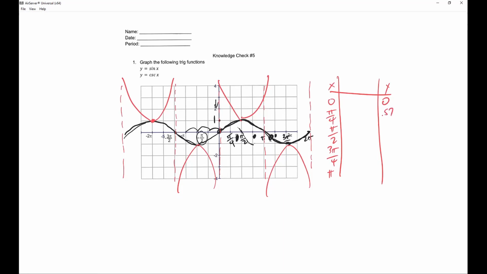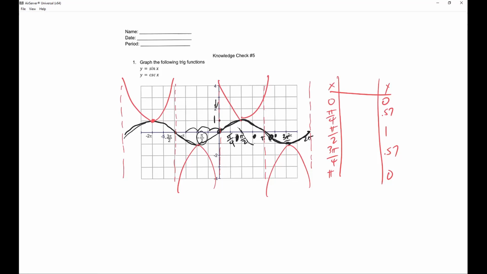This will be 1. This will be 0.57. This will be 0 again, so on and so forth. The table of values is important, especially for the parent function. Just know what the cosecant does. So again, base everything around the sine function. Any questions on that?